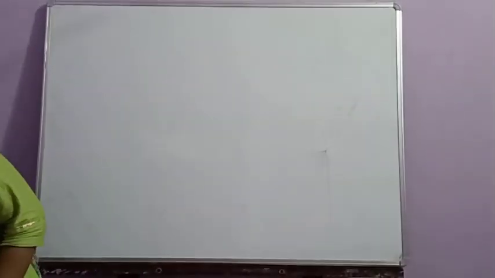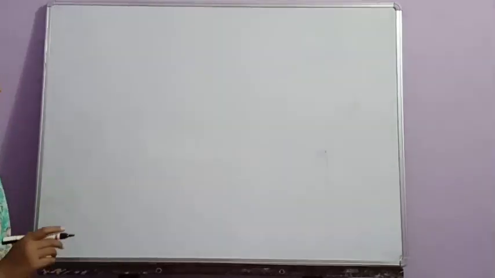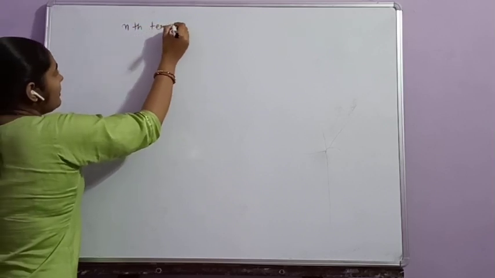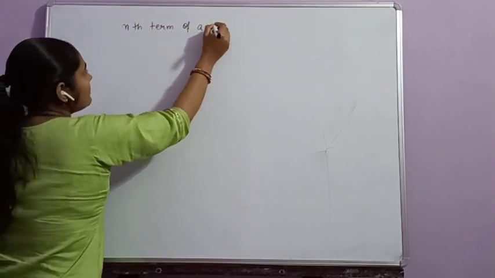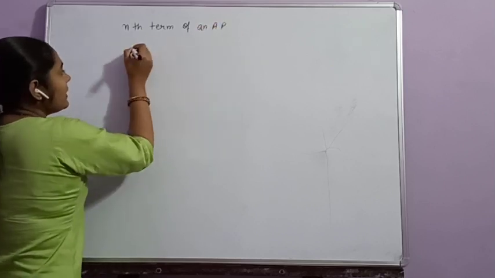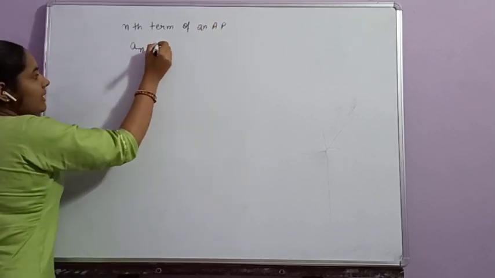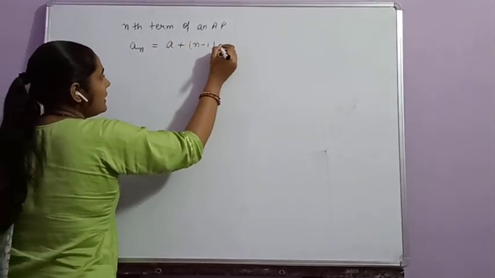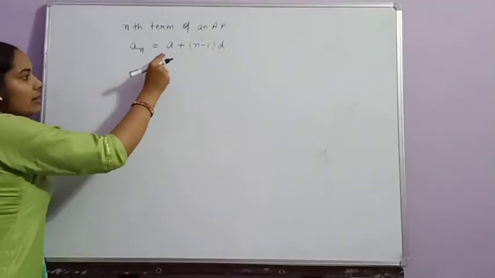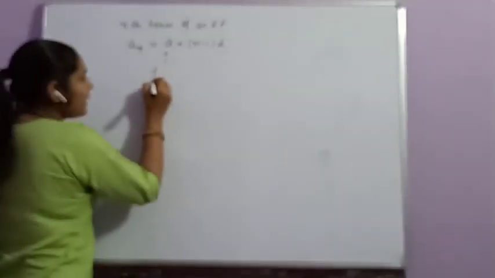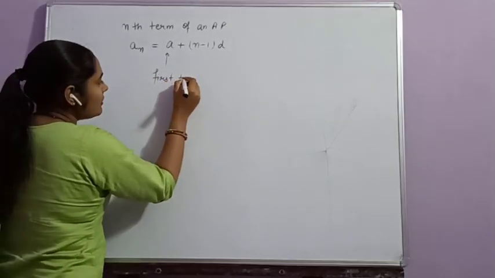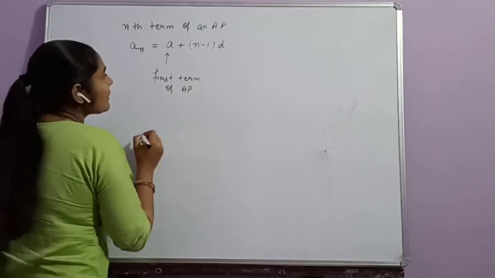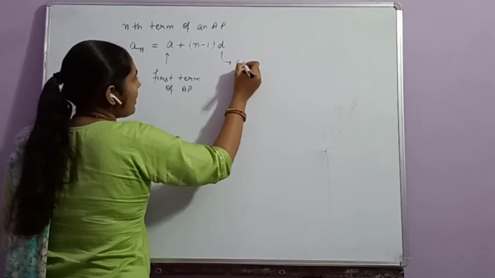Then formula used to find out its nth term is representation for nth term of an AP is a n, that is equal to a plus n minus 1 into d. Here a is the first term of AP. D is the common difference.